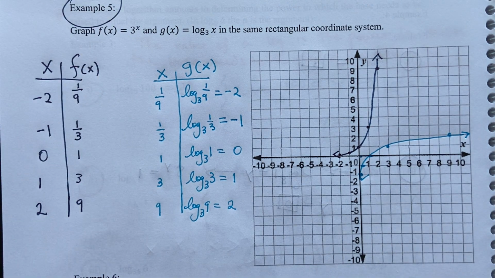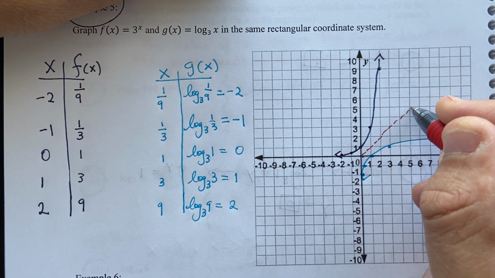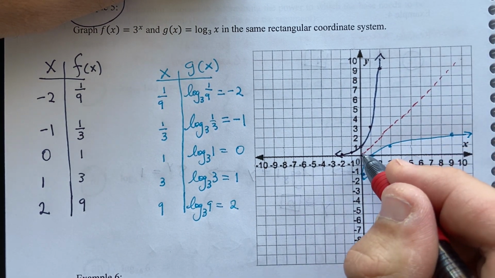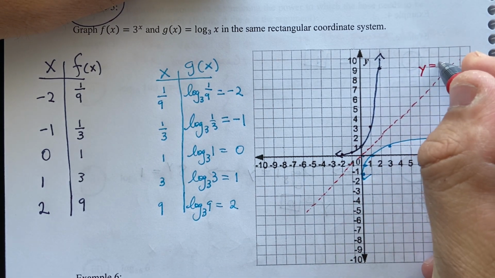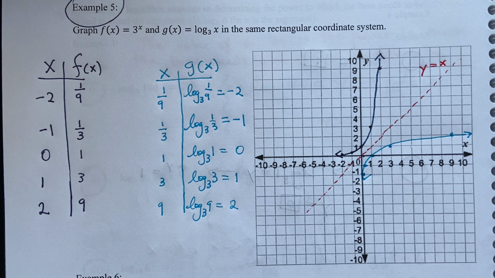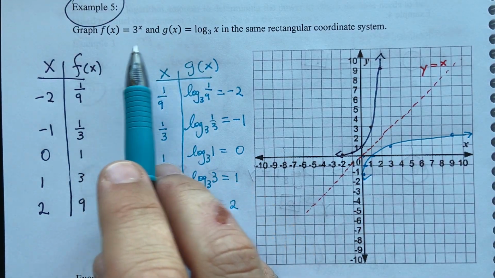Okay. Something to note is that these appear to be symmetric across this line, y equals x, which means that these two, f and g, are actually inverses of one another.